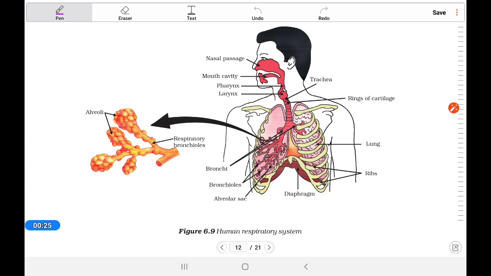Look at the structure. It starts here, that is the nasal passage. You can see at the same time the mouth cavity also. The mouth cavity and the nasal passage meet at one common place, that is the pharyngeal area, the oropharynx.